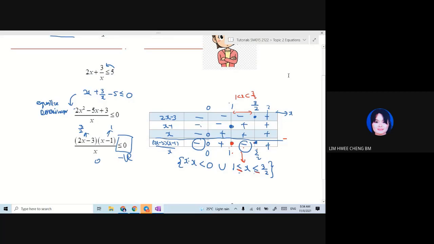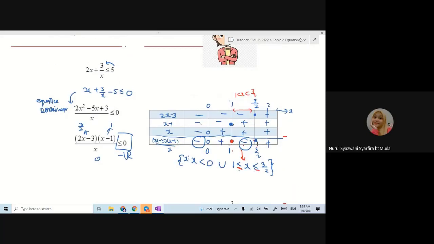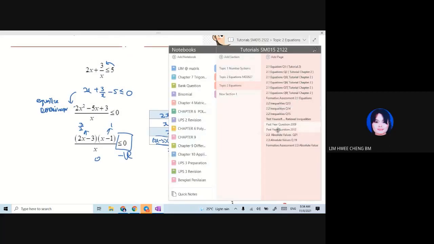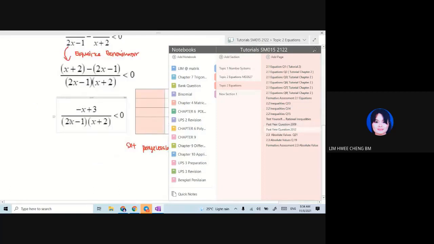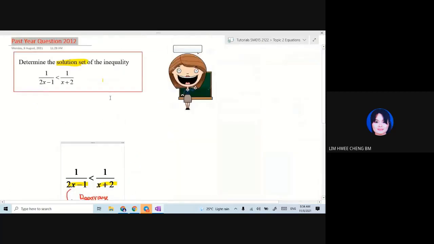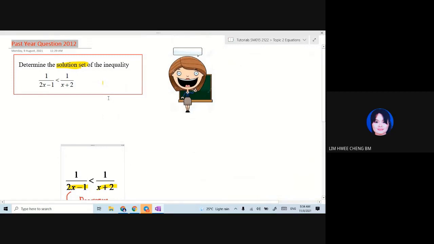Okay, boleh? Then in 2012, they come up with this question. Determine the solution set of the inequality.